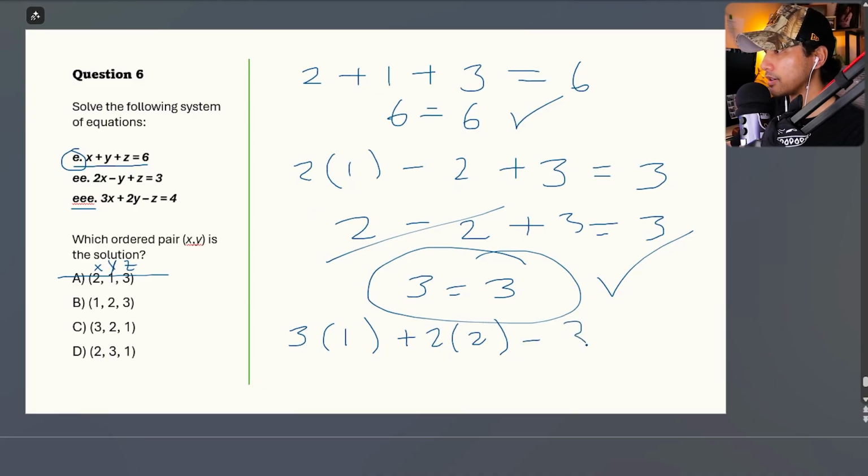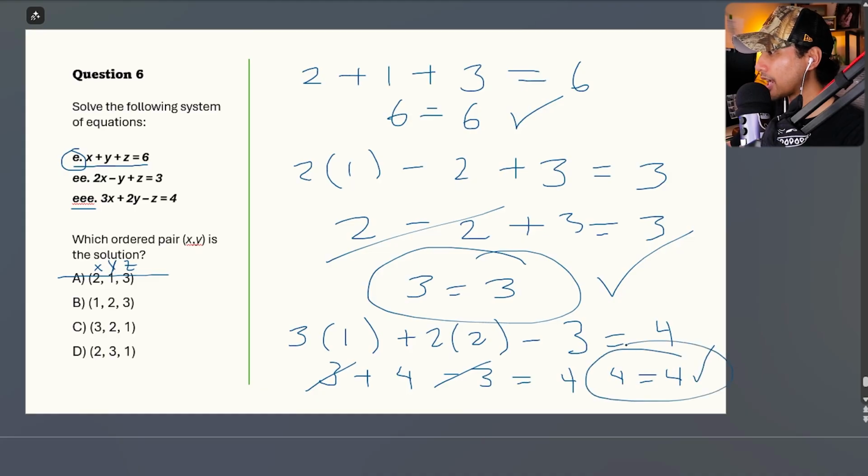Minus 3 equaling 4. And we get 3 plus 4 minus 3 equals 4. These 3's cancel out. And that leaves us with 4 equaling 4. And that checks out. So B is the correct answer.